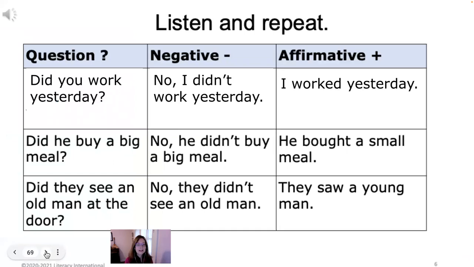This is one of the charts that we see. We actually don't formally start teaching the past tense until lesson 40 of the A1 level in Light of the World, but students are going to run into it way before then, because a lot of the Bible stories have past tense.